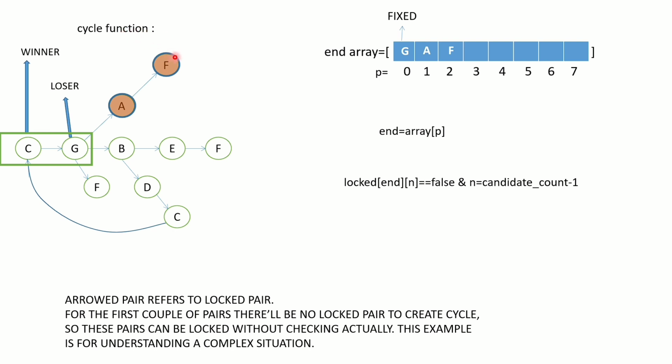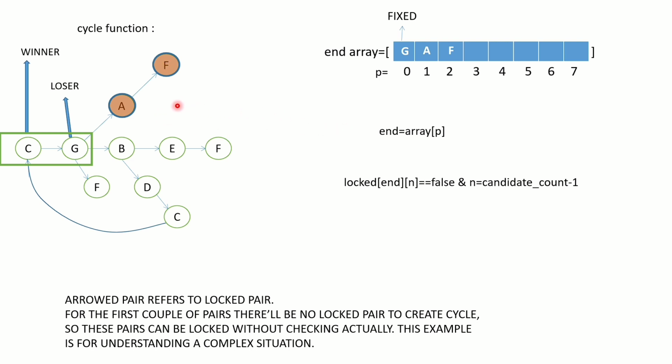That means the candidate number starts from 0 all the way to the candidate count minus 1. That means iterating over all the candidates and checking if the candidate is winning against the other candidate or not. So it is false and the n is candidate count minus 1. So we have to go back.